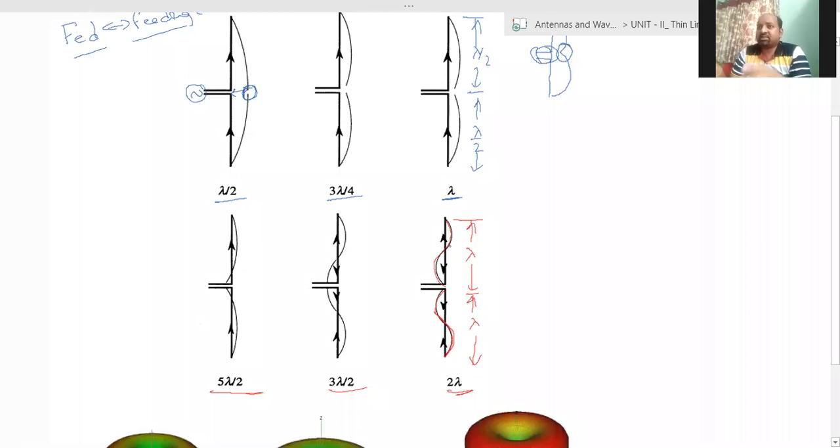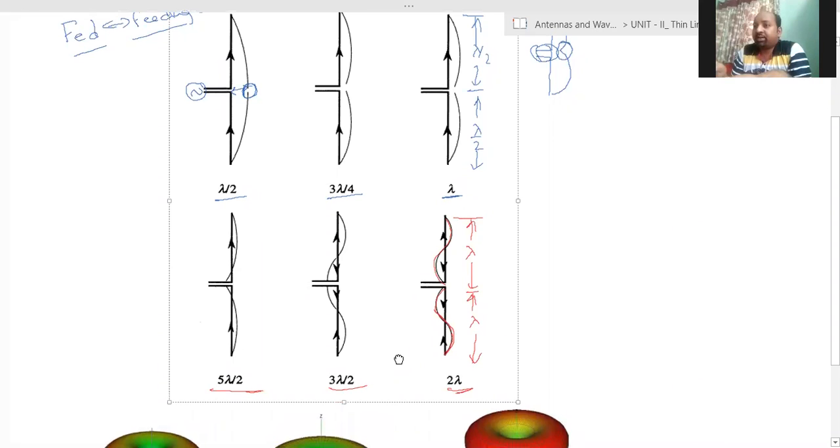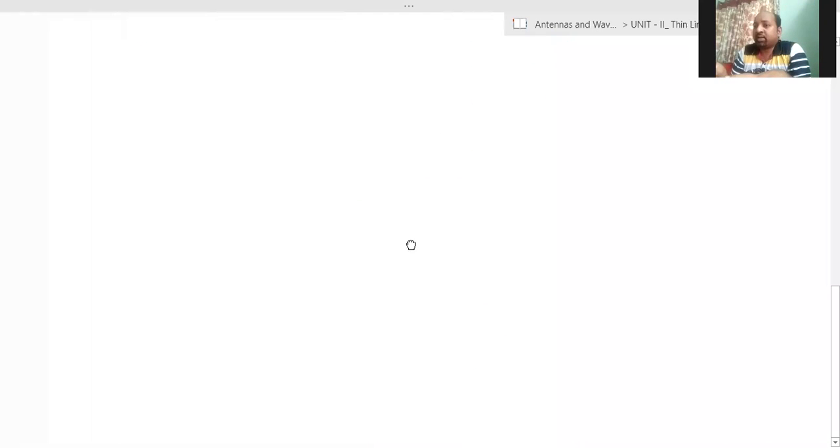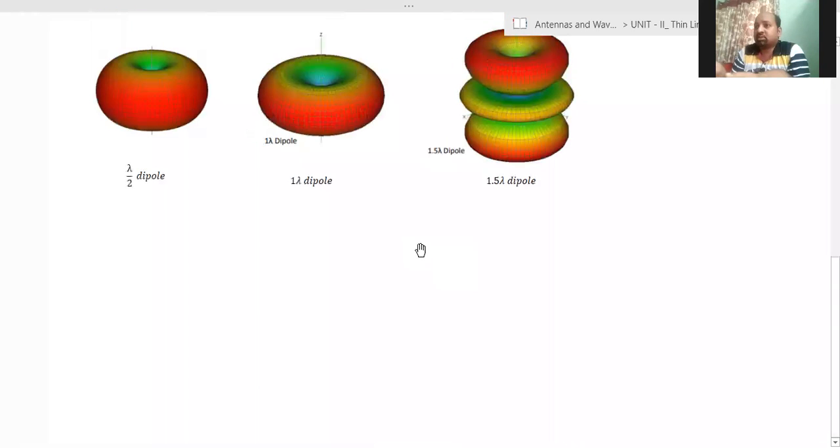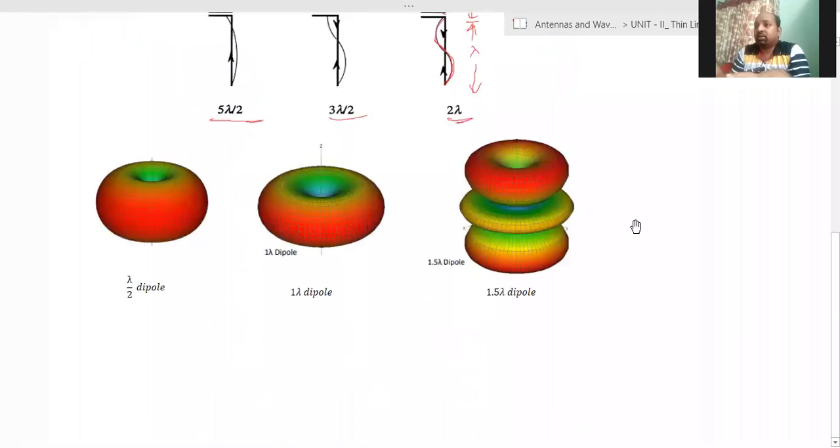As an example, I have shown a few antennas here, and the radiation patterns of 3 different antennas, just to show you.